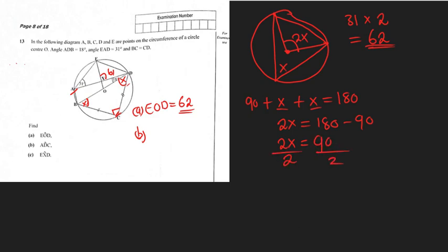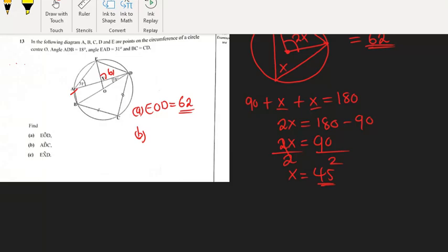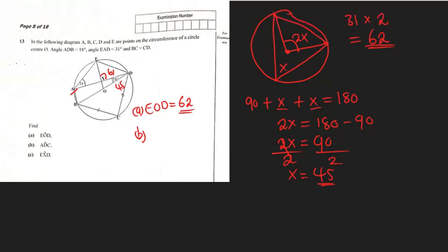Over 2, over 2. And then you're going to get 45. Now, this is what is going to happen. Your 45 is going to be here, right?